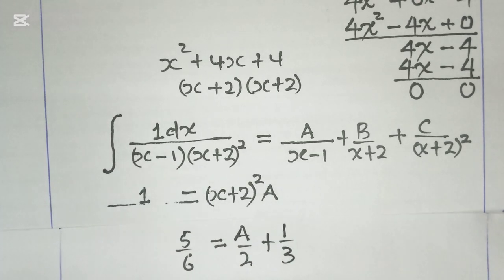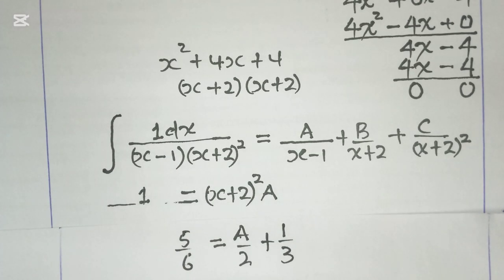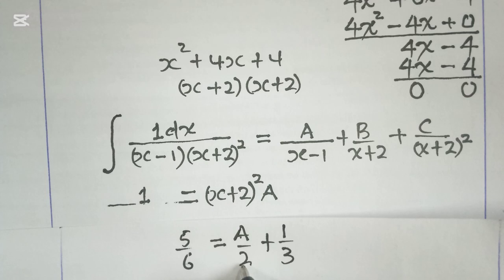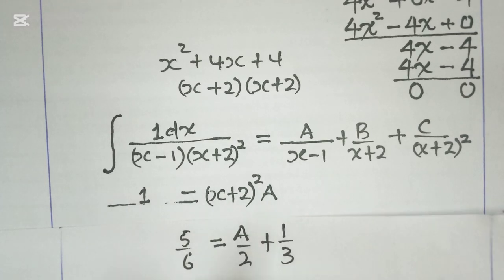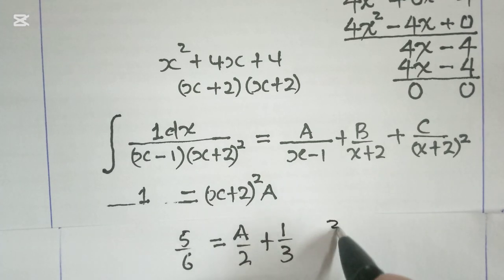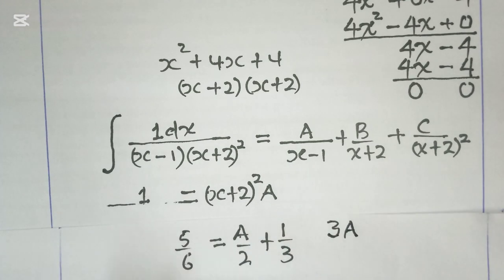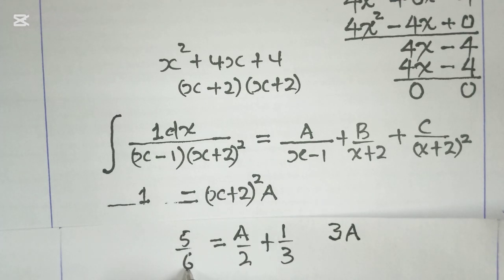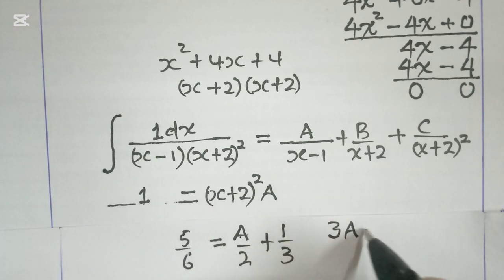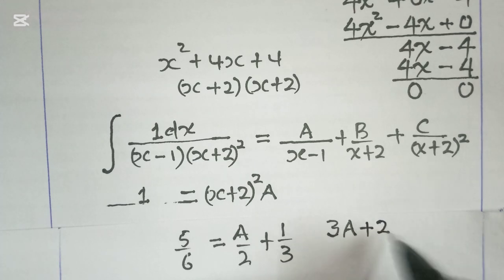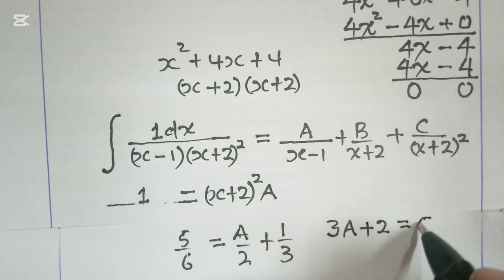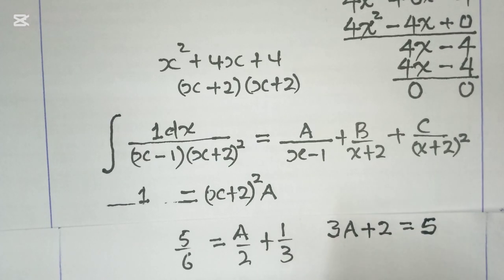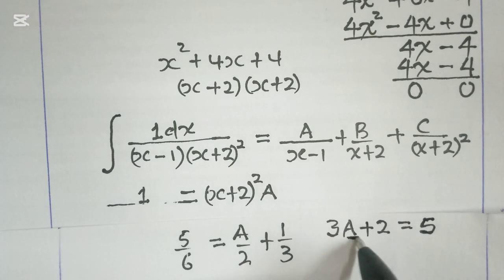And guys, you need to get what is A. So what you do, you say 2 divided by 6, that one you get 3. Then 3 you multiply by A. You say 3 divided by 6, that is 2. You multiply by 1. Then this one we equate to 5. So when we equate it to 5, guys, you are able now to find what is A.